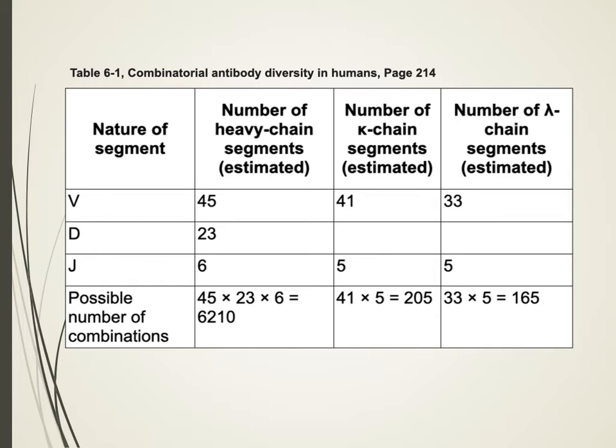And so each one of these variables can pair, for the heavy chain, with the D and the J, right? And so for our light chains, each one of these variables could pair with the J's, right? And so we get all these different possible combinations, and you can see how we could do the math probabilities of pairing heavy chains with each of these light chains, and that's going to further increase the number of possibilities that we could have.